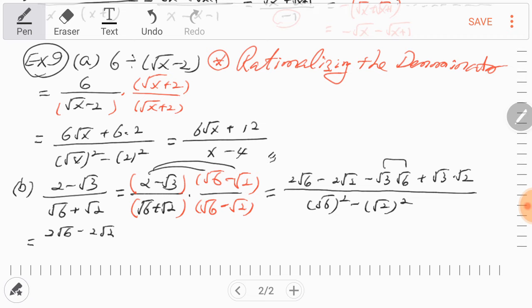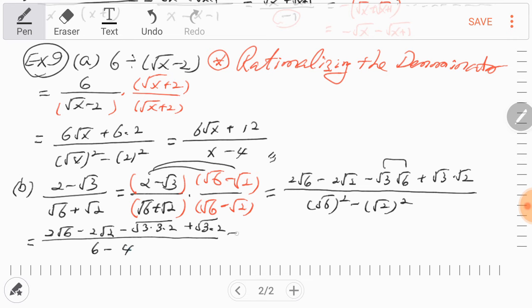So minus square root of 18 is minus 3 square root of 2, and plus square root of 6, since 6 is 3 times 2. And the denominator is 6 minus 4.